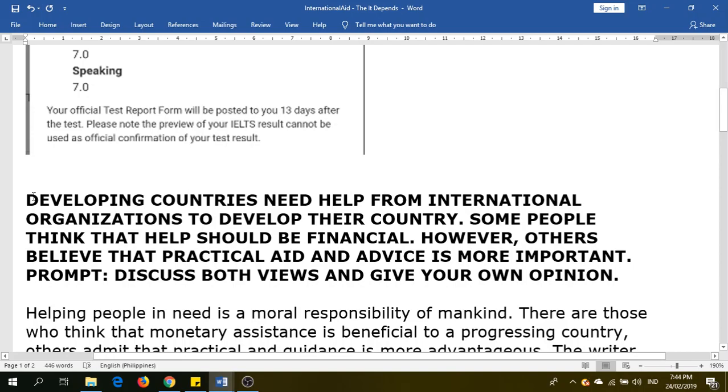So, of course, we will now be underlining the keywords. So, developing countries, of course, and then help from international organizations. We're not really talking about countries, but international organizations. And the help should be financial over there, or could the help be practical in the form of practical aid and advice?